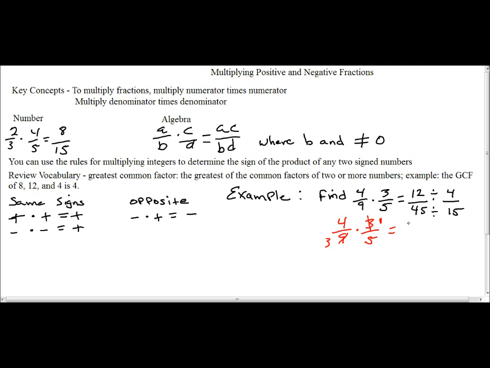We're multiplying 4 over 3 times 1 over 5, and now numerator times numerator, 4, denominator times denominator, 15, and if you notice our answer is already simplified.